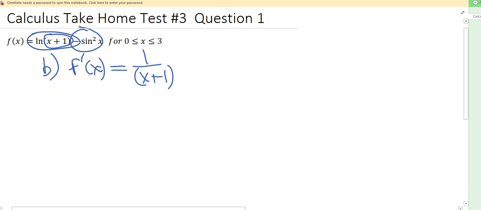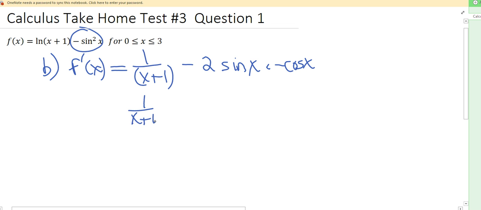And the second portion, minus the sine squared of x, is minus 2 times the sine of x to the first power times a negative cosine. Cleaning all that up, you would get 1 over x plus 1, and negative times negative gives us a positive sine of x and cosine of x. That would give us the derivative.